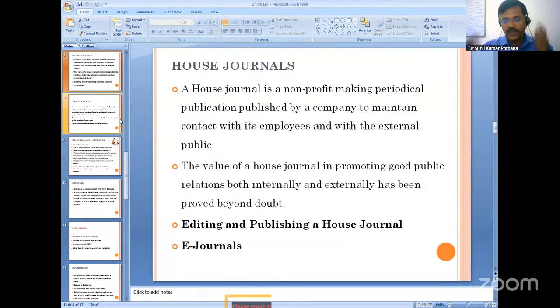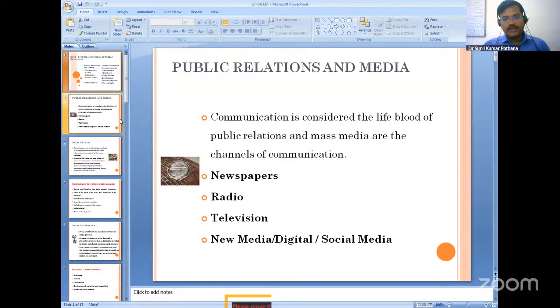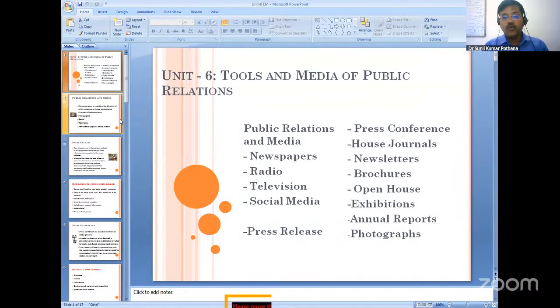So far we have discussed the tools and how to maintain media relations by the public relations officer with the various options he has.